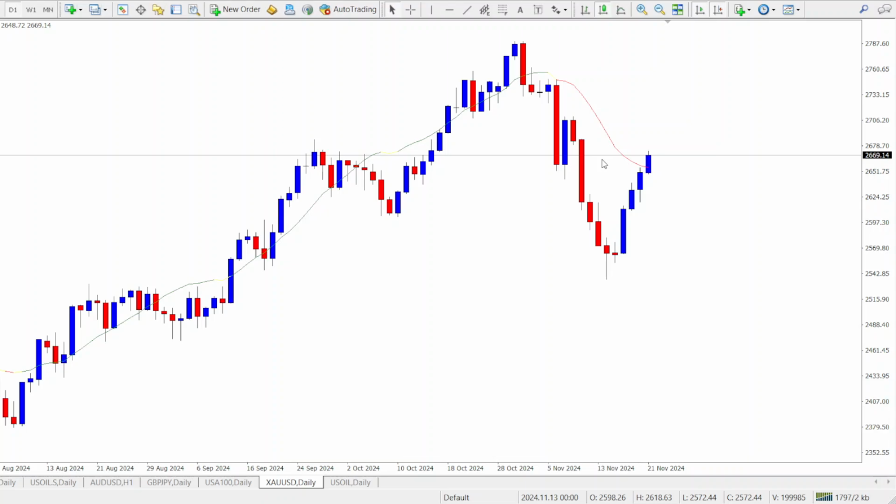This indicator uses some advanced calculations which may not be necessary to go into in detail, but the indicator provides traders with better trend momentum readings.